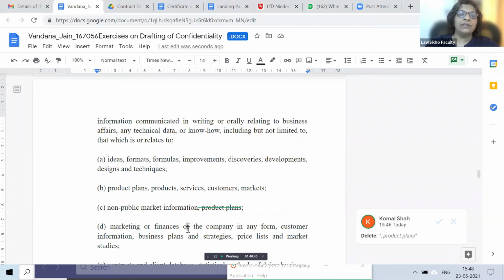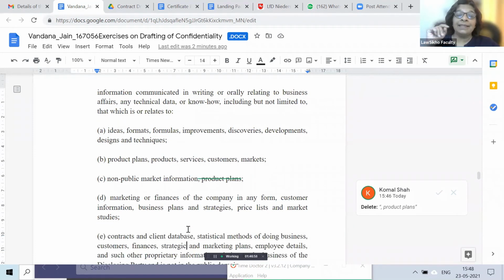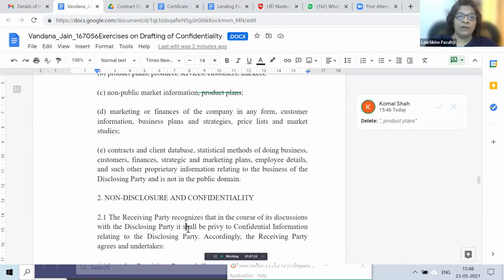But in a due diligence, everything is made available to the investor. So in this case, it makes sense to keep this as broad as possible. And in this case, it's actually a valid case where you bring in the generalistic clause that anything disclosed by the disclosing party in the course of due diligence being conducted by the receiving party is considered to be confidential. Because lots of things will be transferred.